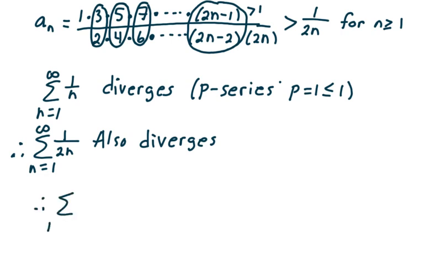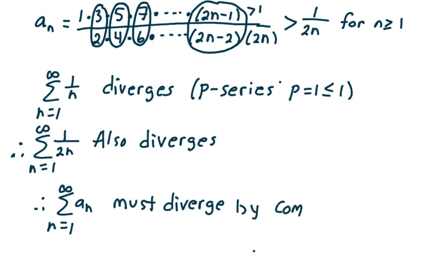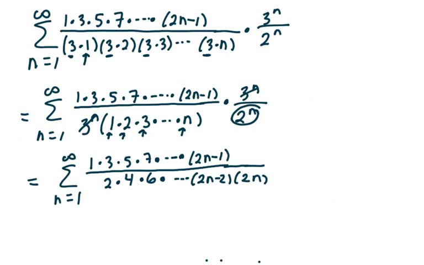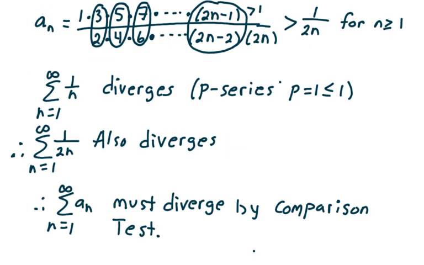Therefore, the summation of a sub n must diverge by the comparison test. And so we can conclude that if we go back, that whole summation will diverge.